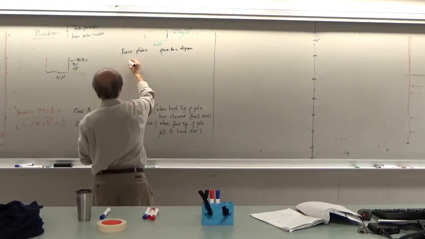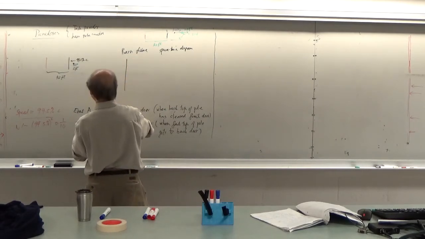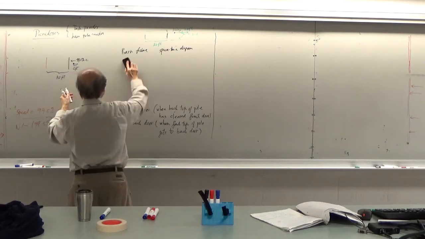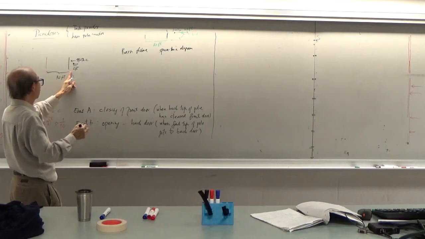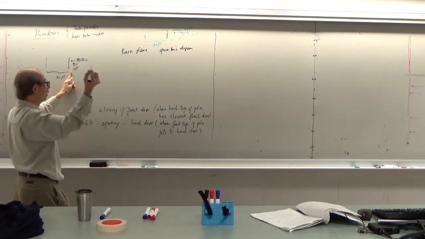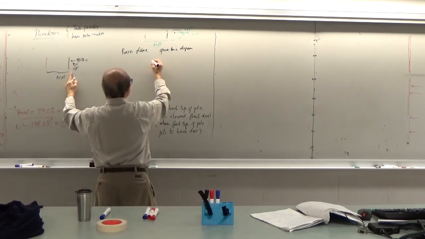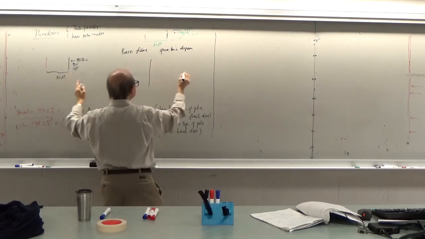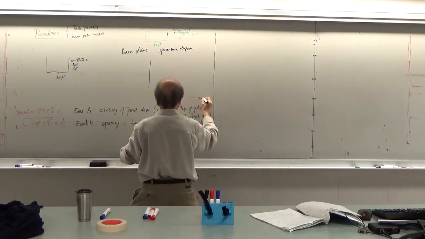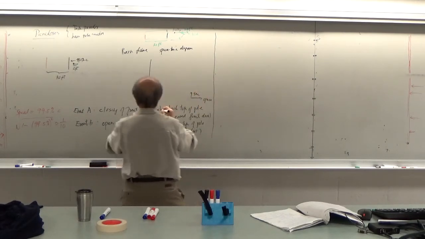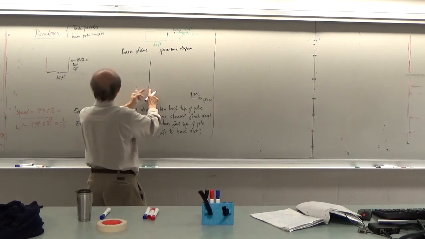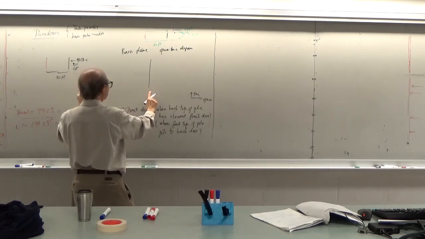So let me draw the trajectory of the front door in black. That is a vertical line, since I have space horizontally and time vertically. This would be the trajectory of the front door. It's a vertical line.